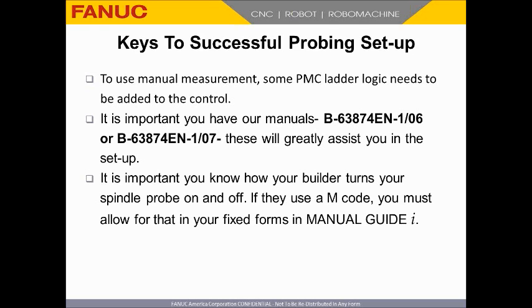So it's critical that, if you're wanting to use the manual functions of the probing, that you go in and check it, and if it doesn't work, chances are that your builder did not do the ladder development necessary to make it work. So it's important that you test that out before you get all frustrated when it doesn't work when you try to use it. Okay?